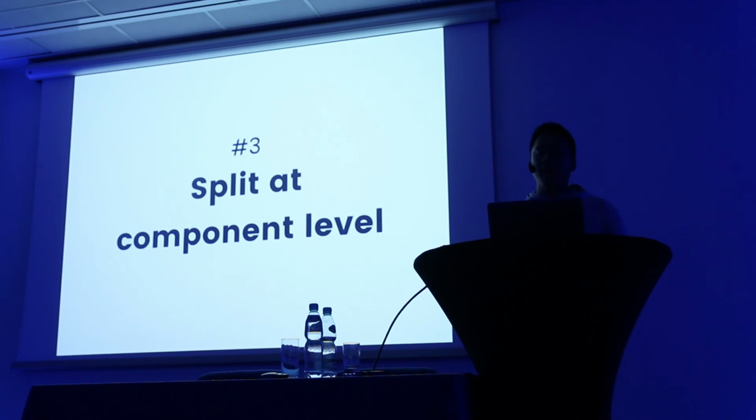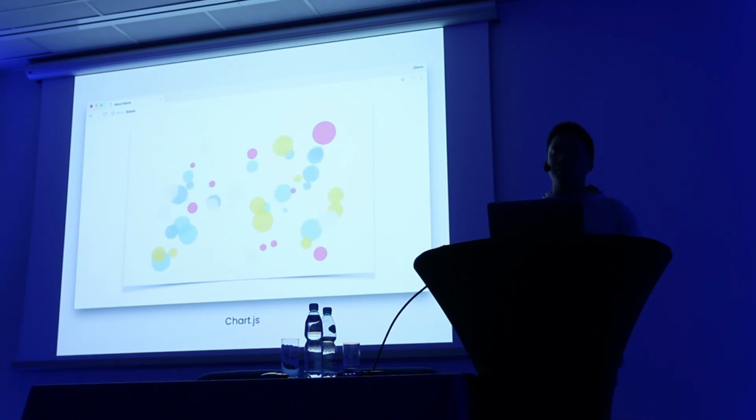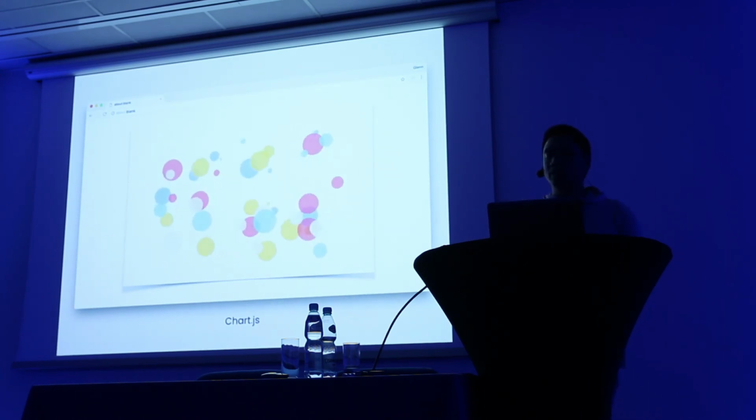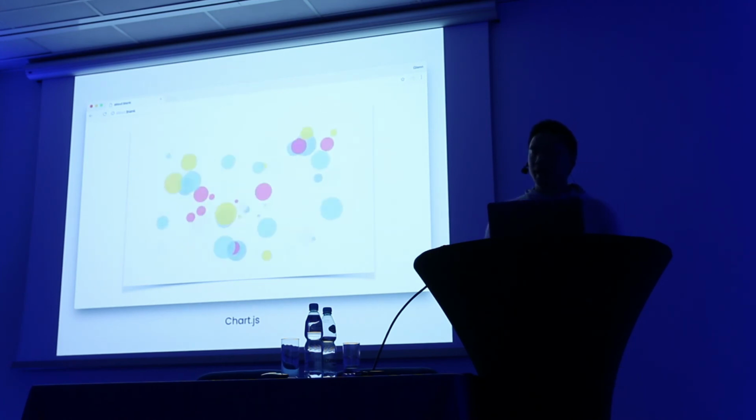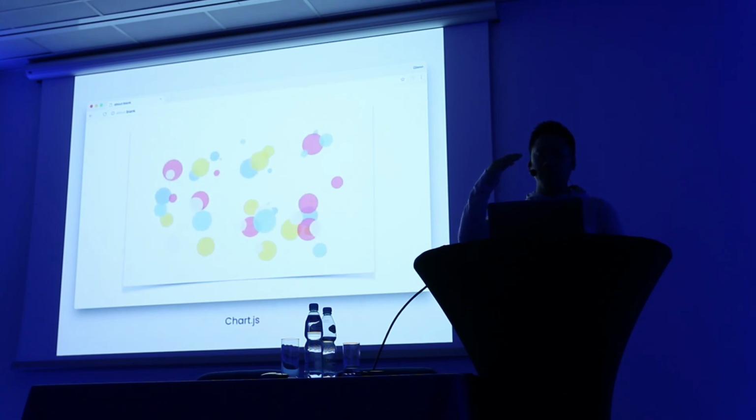And after splitting vendor from app code and splitting app code further down by the routes, consider splitting your code further down at component level. For example, if we have a huge chart on a page, you might want to lazily load it as the user scrolls this chart into the viewport, like into the screen.